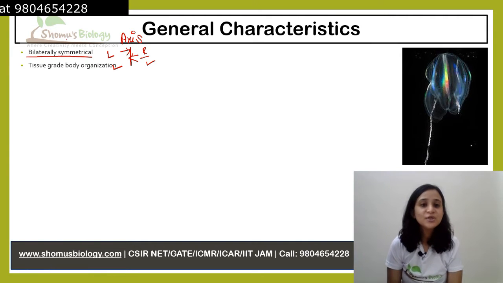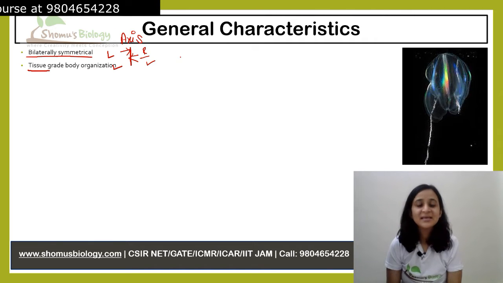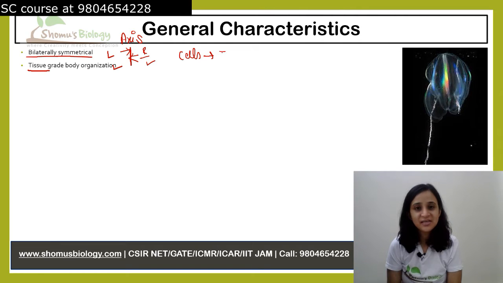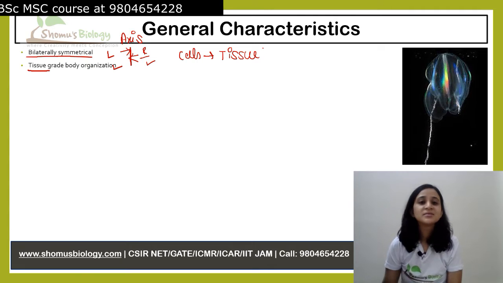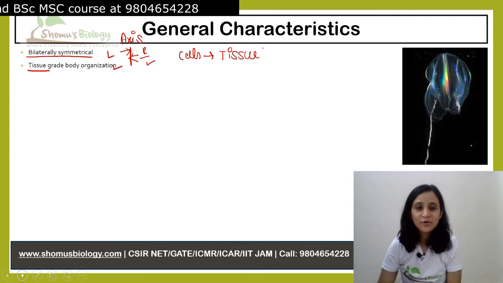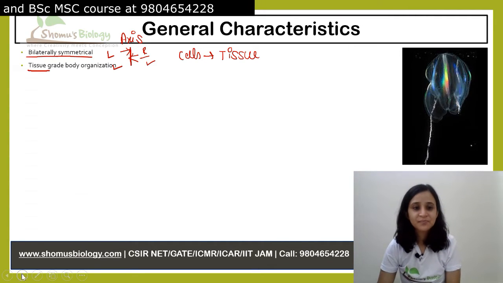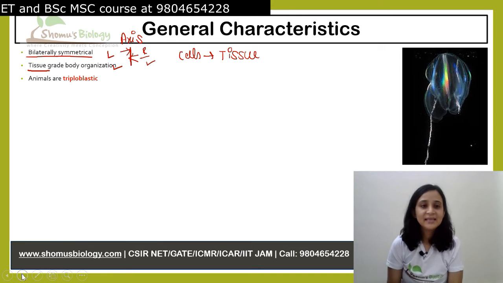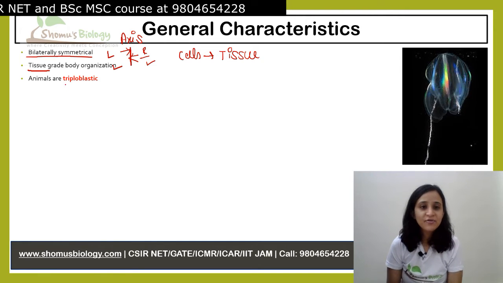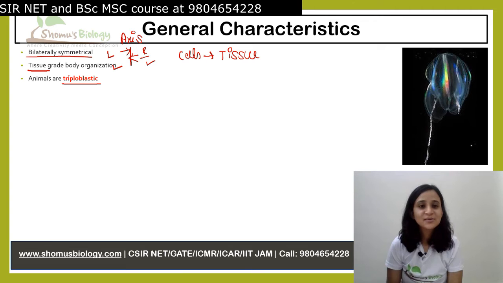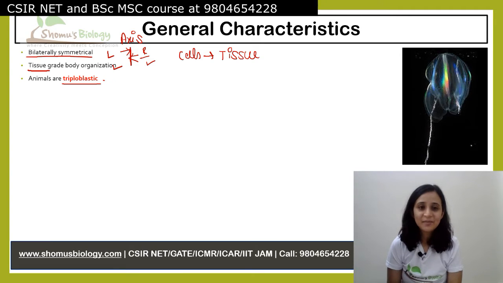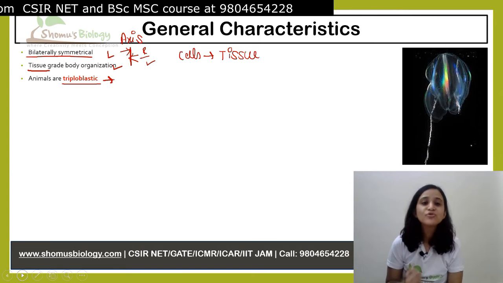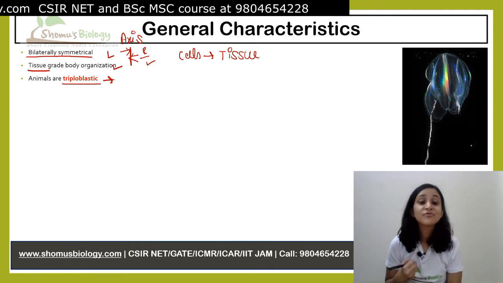They have the tissue grade body organization. That means the cells are arranged in tissues. And these animals are triploblastic. That means they have three germ layers.